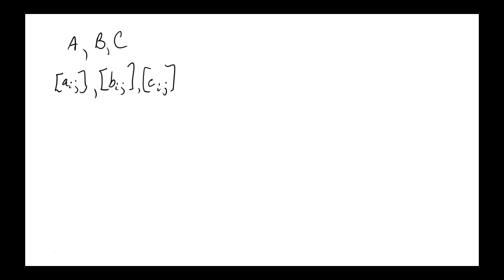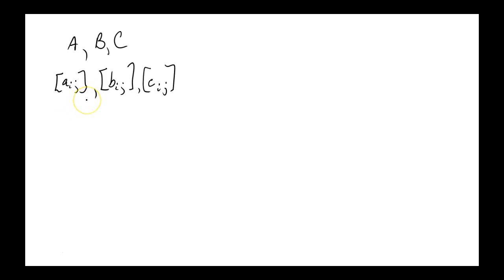Matrix A or the bracket aij, where i would go from 1 to m. If A was the m by n matrix, j would go from 1 to n. Same thing with B and C. The third way you can do it is just write out all the elements.